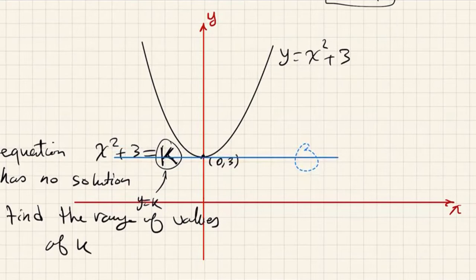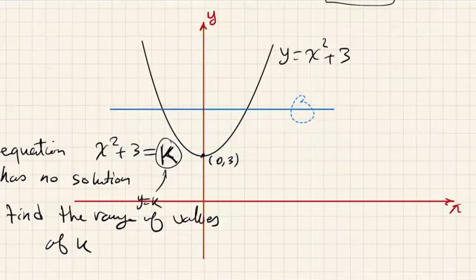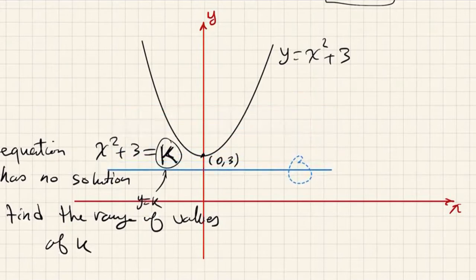What is the solution? The point of intersection, right? Here there is only one point of intersection. It's not an intersection, it's tangency, because it's touching only. So one here. If the line is shifted like this, two solutions, two intersection points. Here there is no intersection point, meaning no solution.